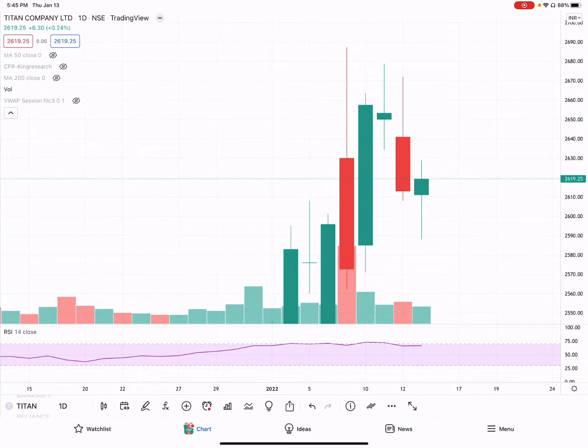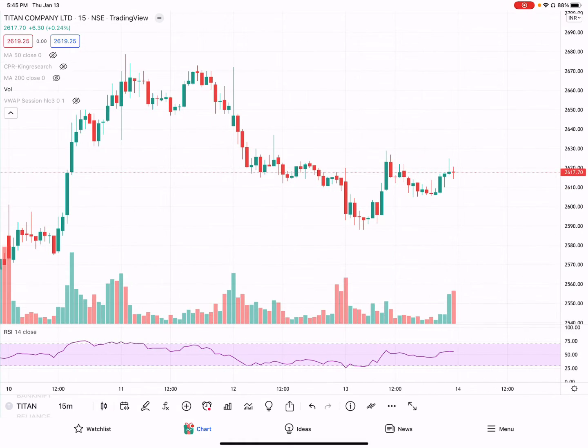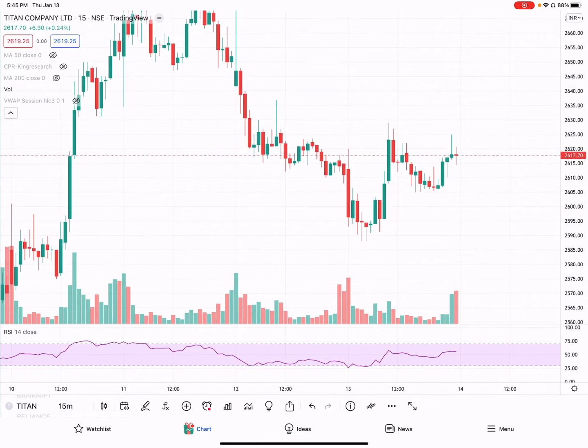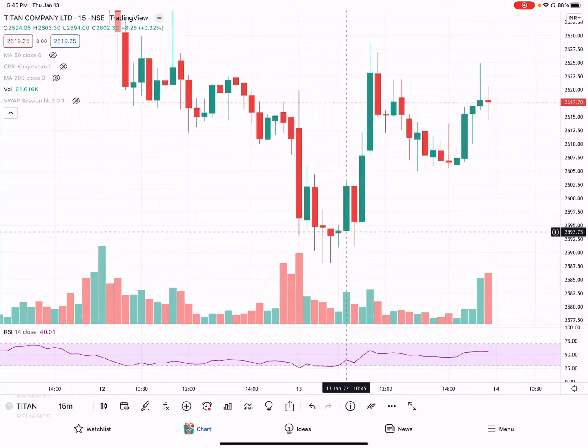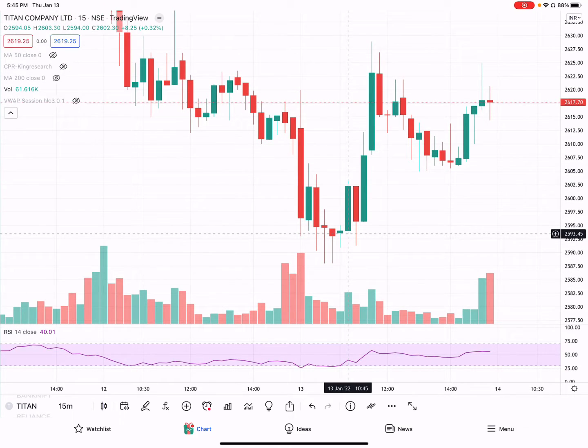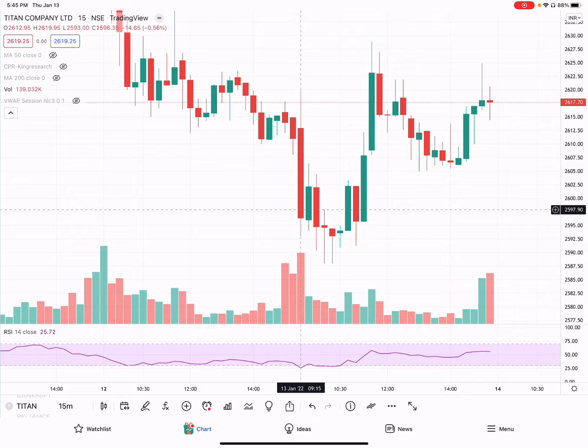So let's move to the 15 minutes time frame from the 1 day. The market has opened, like the starting point is somewhere close to this starting candle. Yes, 9:15.